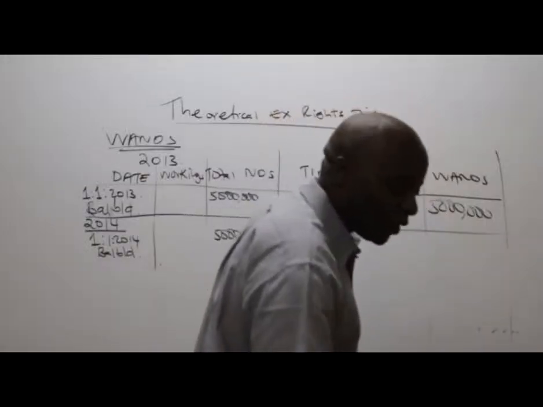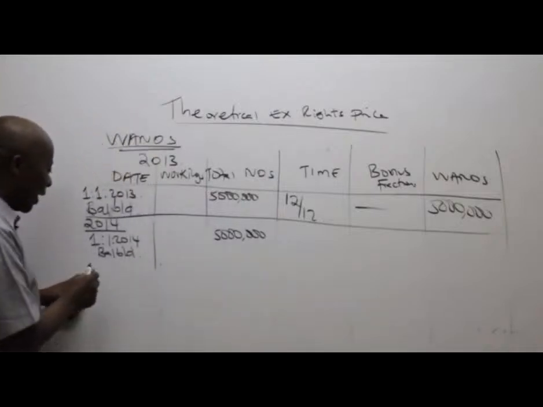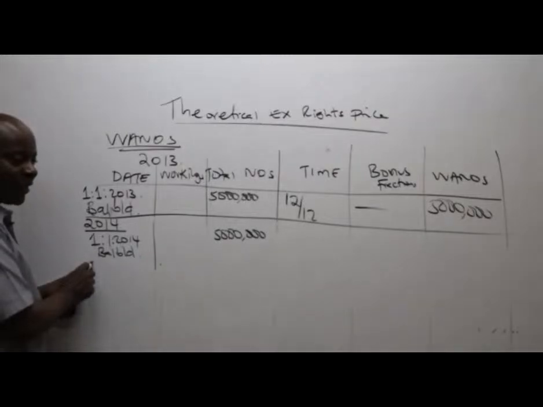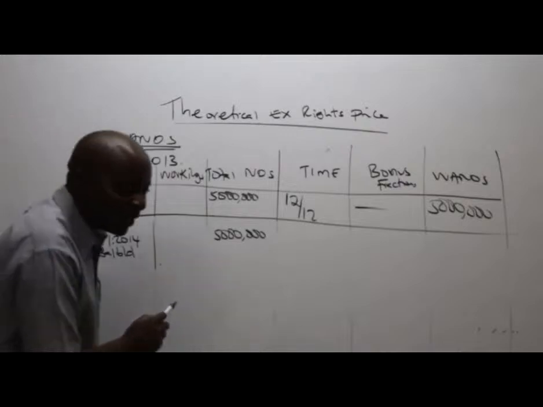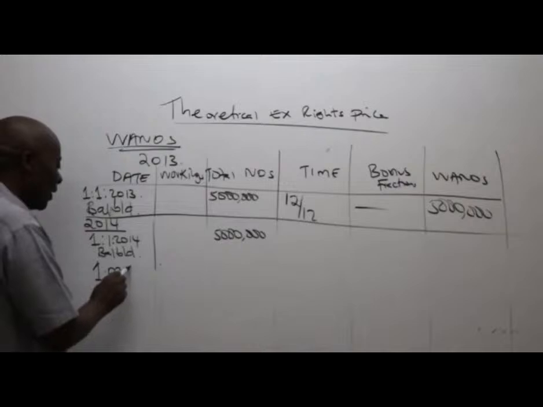So we have a very important date. Which date is this? Can somebody remind me the date of the rights issue? They say it is first when? 1st February. 1st February 2014. We had a rights issue.